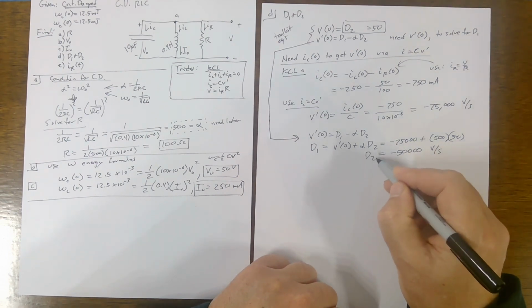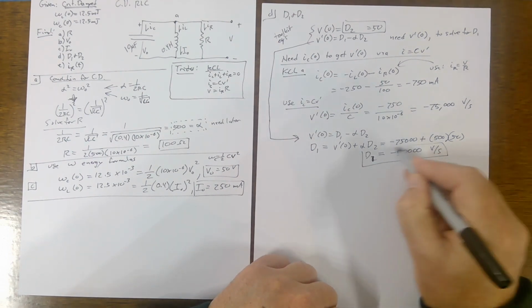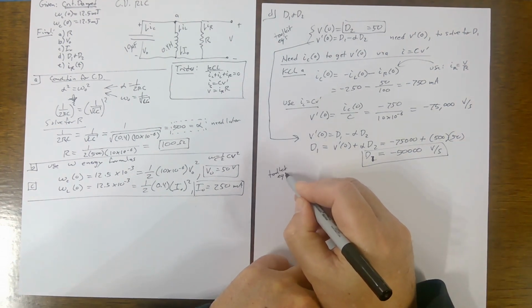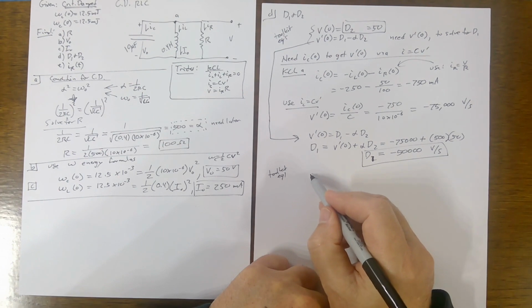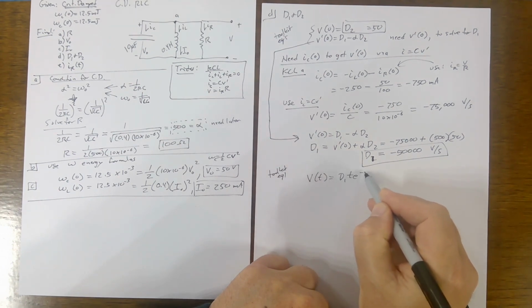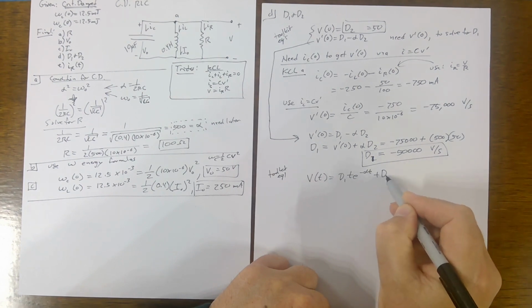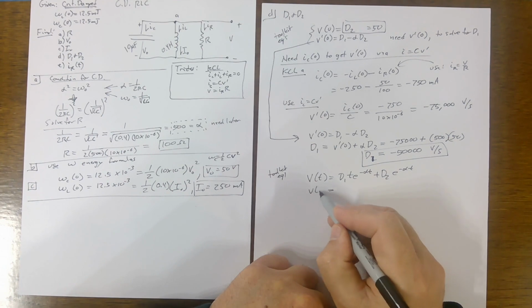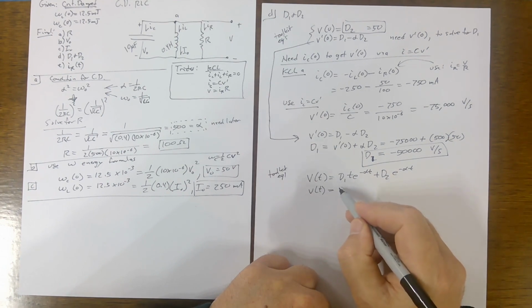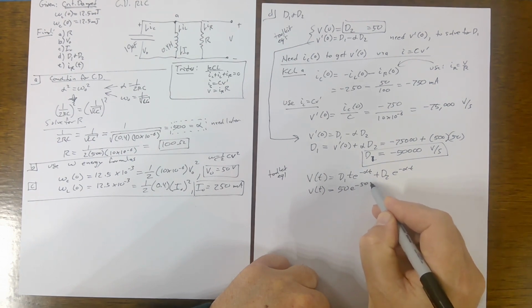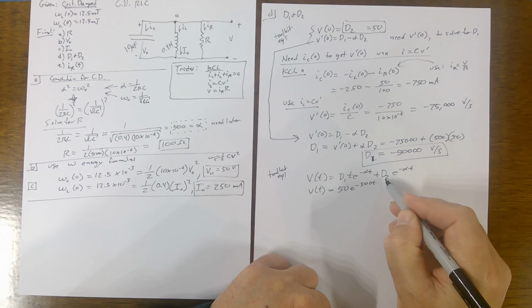So this is D1. Back to our toolkit, the general solution for V of t is D1 t e to the minus alpha t plus D2 e to the minus alpha t. And we know all of these, so V of t is 50 e to the minus 500 t, that's D2 is 50.